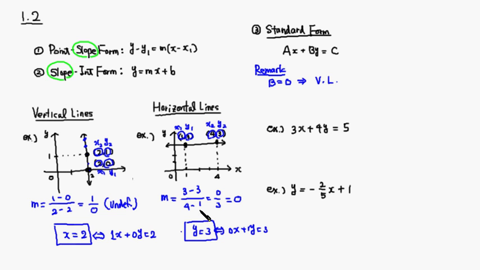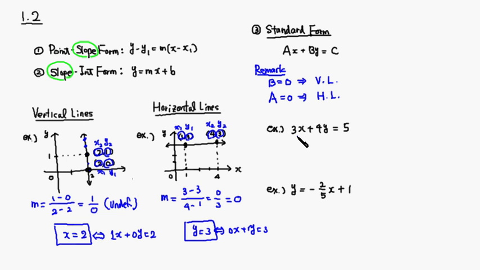If a is equal to 0, then this is going to be a horizontal line, because the slope is going to be 0. All right?